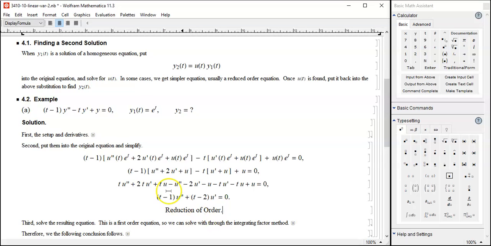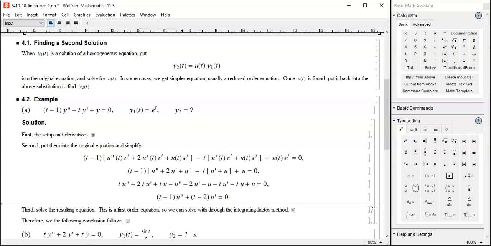Many people call this method the reduction of order method. Me, I prefer to call it variation of parameter. Deep down, variation of parameter is actually hidden, especially if you have more than one function here. If you have some linear combination there, then that's really variation of parameter.